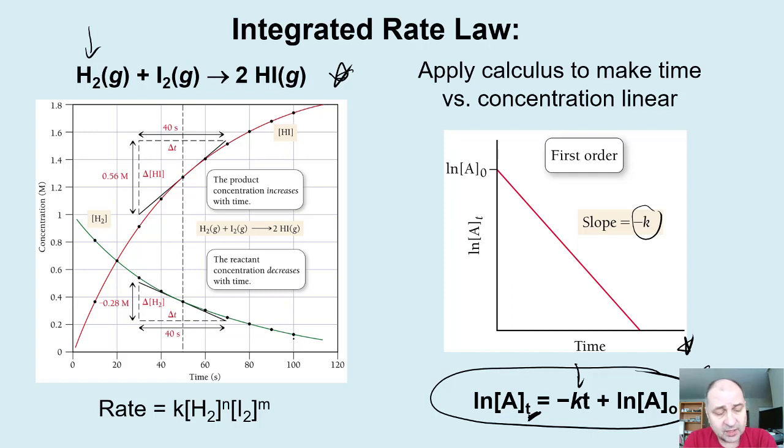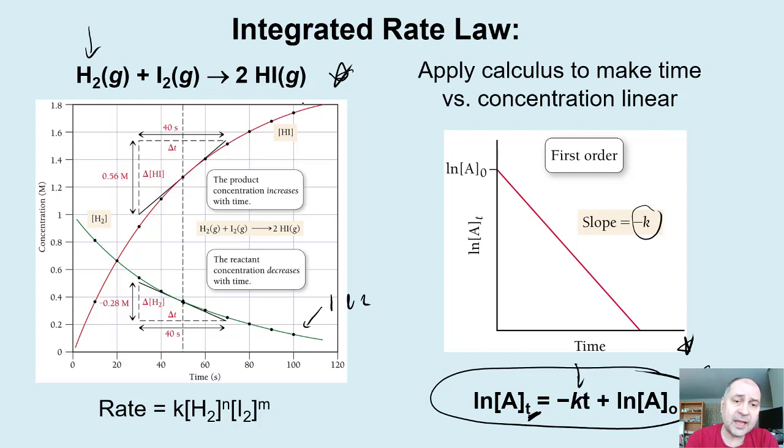We can of course calculate the rate at any point by drawing a tangent and then calculating the slope, rise over run, and that is going to be equal to the rate at a particular point. And so this would actually be representative of first order and second order. You would have to actually apply some math to see if it's first or second order. You have to do better than that.